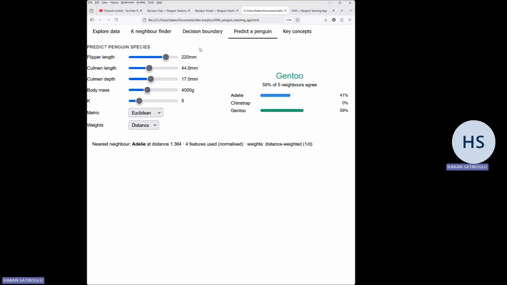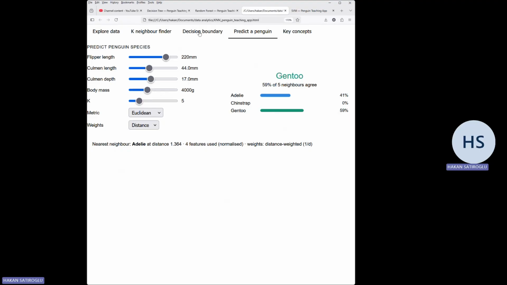So the prediction is a bit vague for this species because this is a new one. Probably you need to make some more adjustment and more observation about the penguin species.